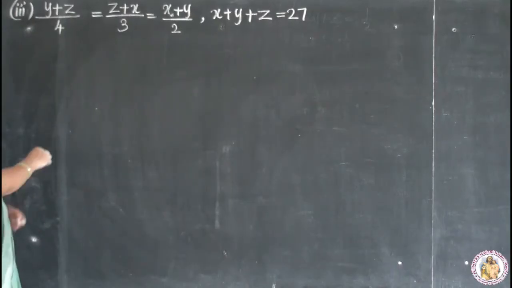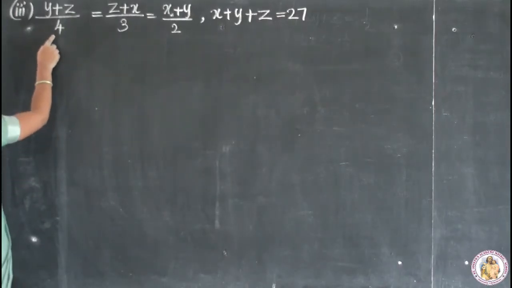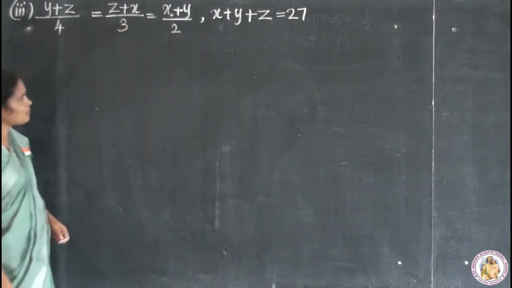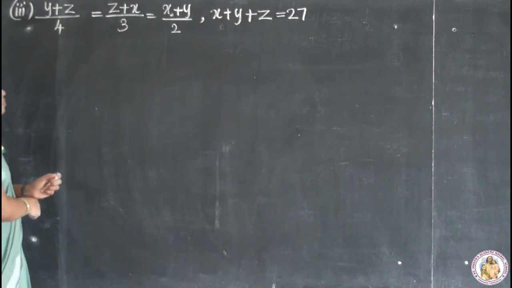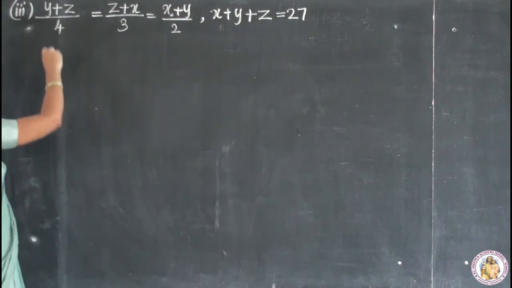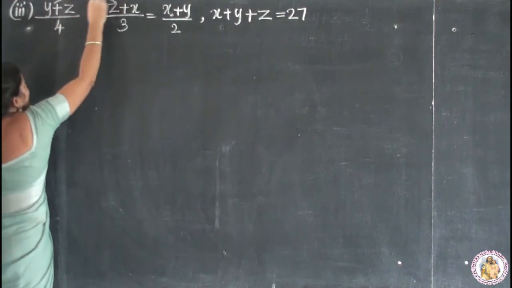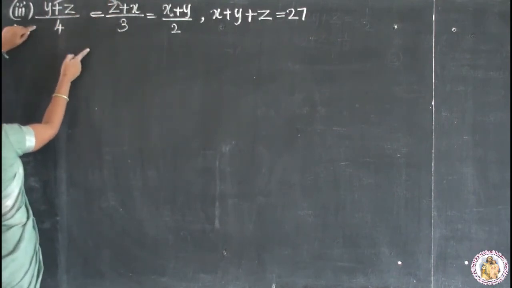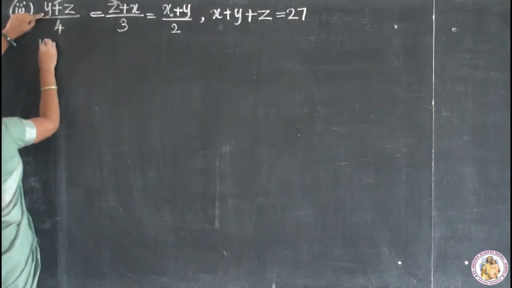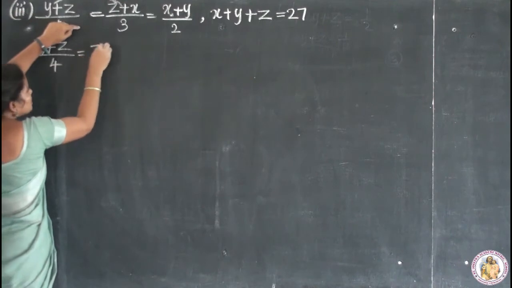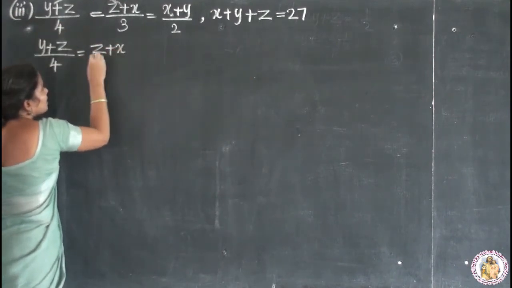Question number 3, y plus z divided by 4 is equal to z plus x by 3 is equal to x plus y by 2. So already we have done the same formation of sum earlier. So take first and second. To find the first equation, here y plus z divided by 4 is equal to z plus x divided by 3.